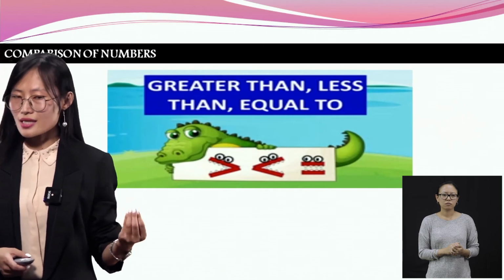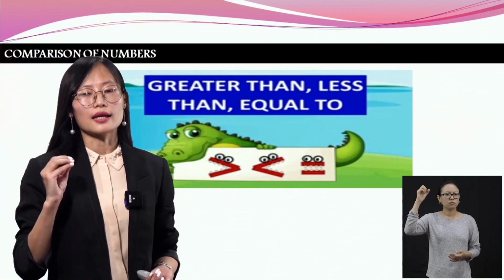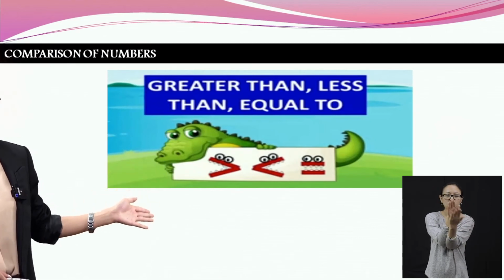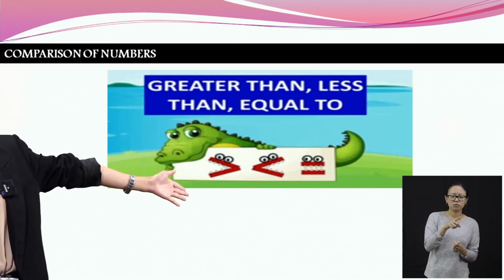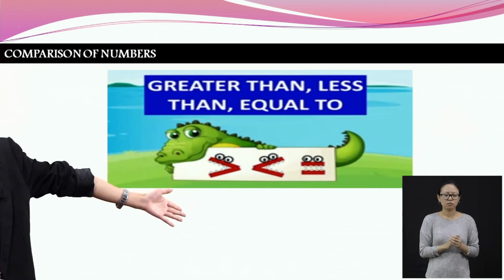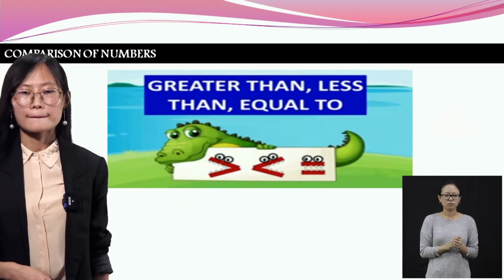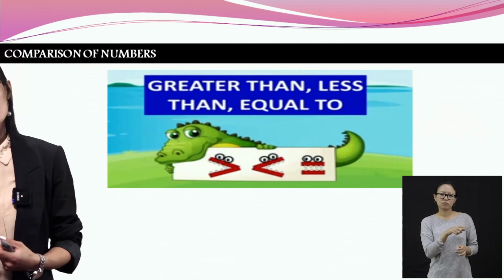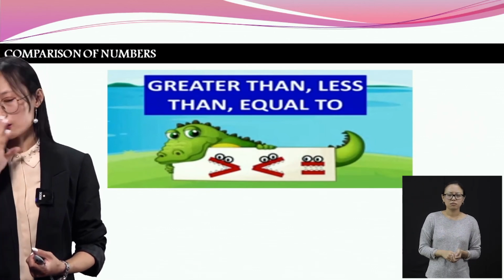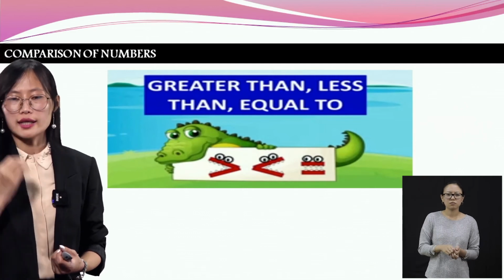Let's imagine that the sign is the mouth of an alligator. The first one here is greater than, the next one symbolizes less than, and the other one symbolizes equal to. So you can imagine that the signs are the mouth of the alligator.